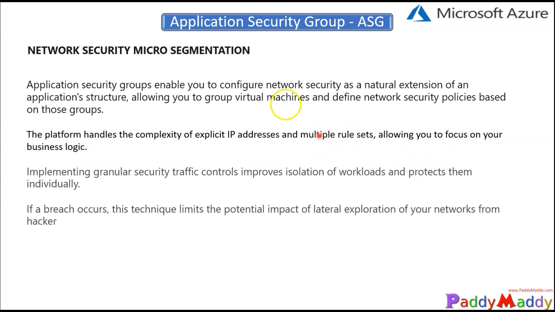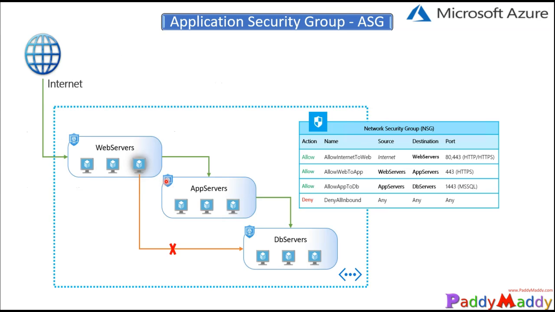Let me explain what exactly Application Security Group is at the high level first. Application security groups will allow you to configure your network security as a natural extension of any application structure. Let's take one example. You may have web servers and application servers.